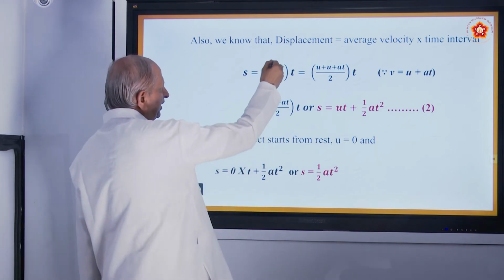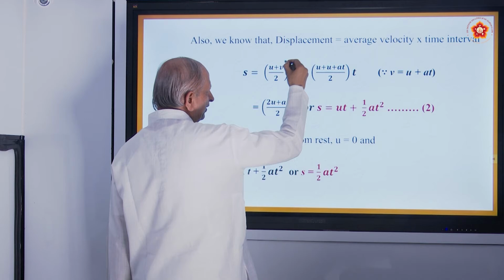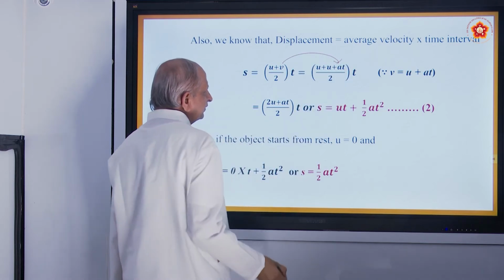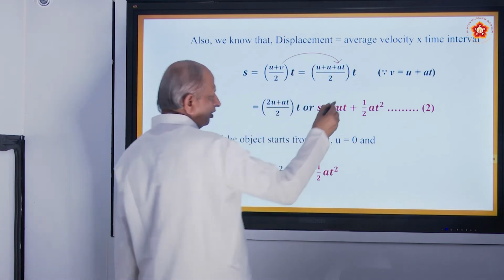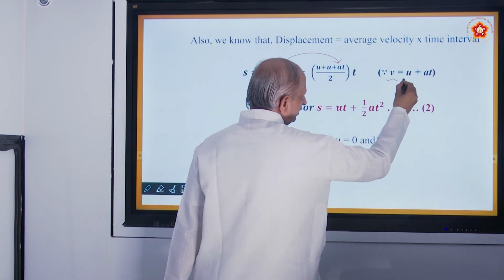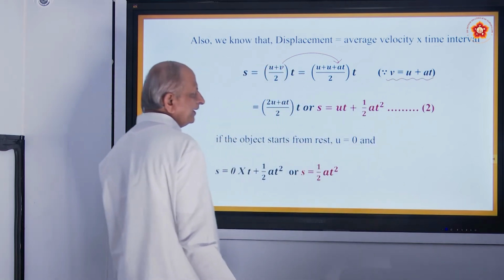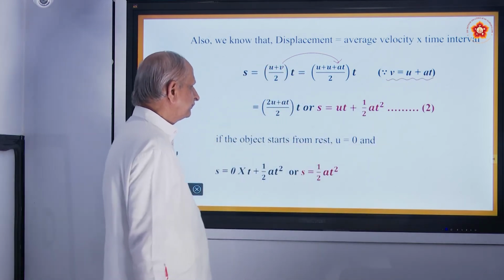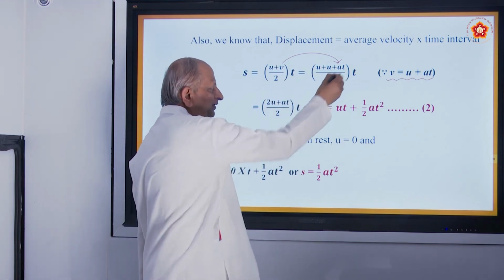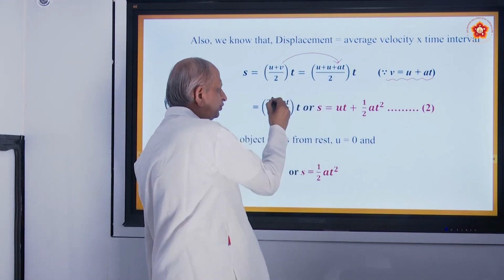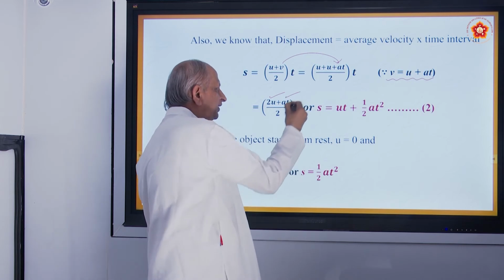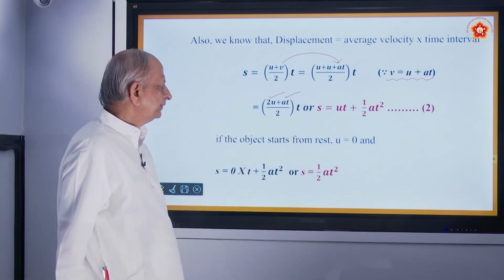So here it is average velocity. So what is the formula for v? u plus at, because v is equal to u plus at. So instead of v we write u plus at. So there will be two u's. u plus u becomes 2u plus at, by 2 into t.